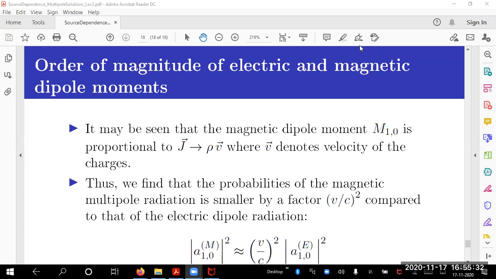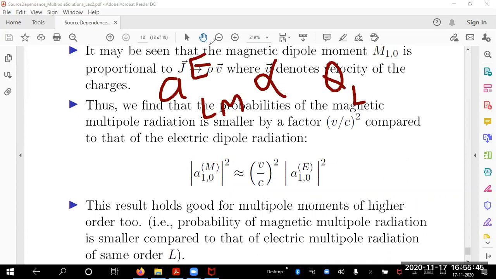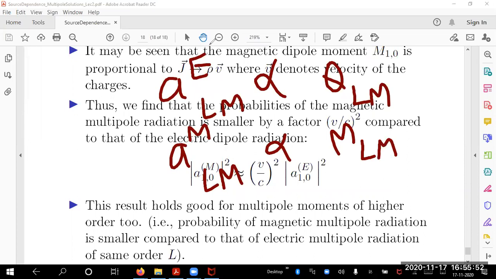Now, this is tough to tell you. So if I take the electric one, AE LM is proportional to Q LM, and AM LM is proportional to M LM. Let me take it like this.